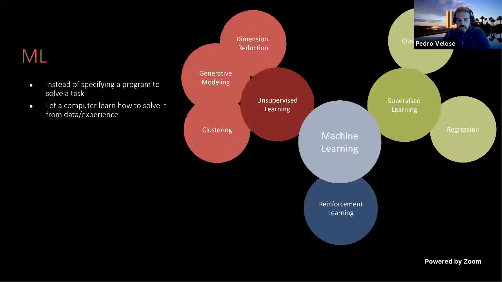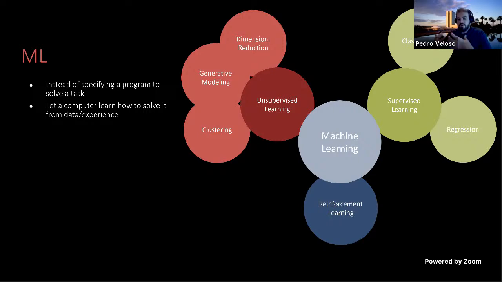So the basic idea of machine learning is that instead of specifying a program to solve a task, let's think of designers here. You say, I want to create a program that generates a chair, right? Okay, some people have experience, that's good.